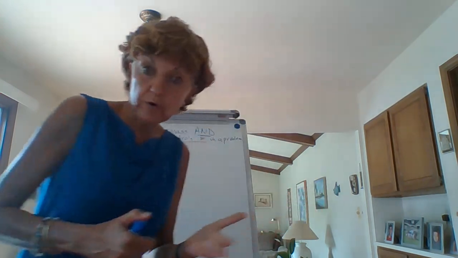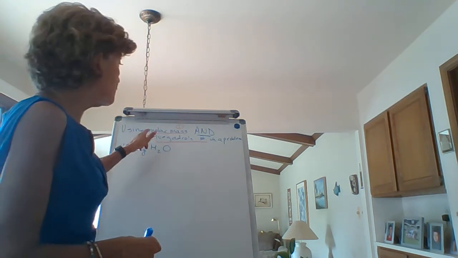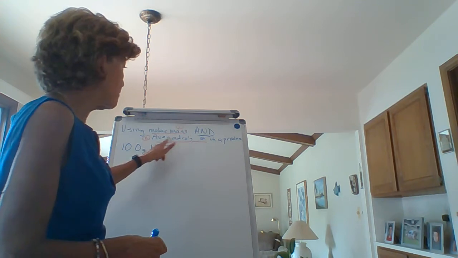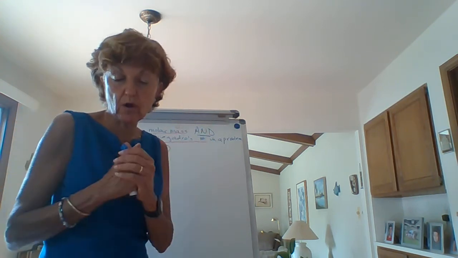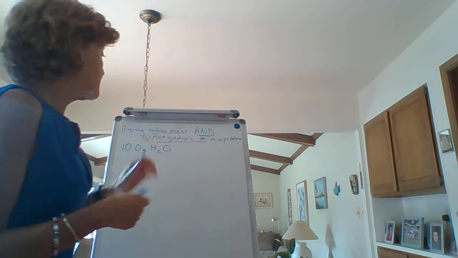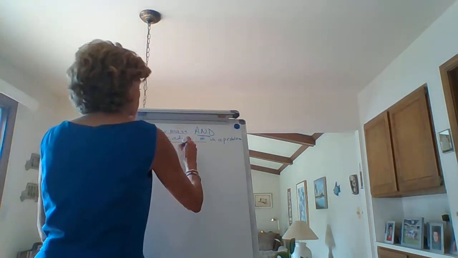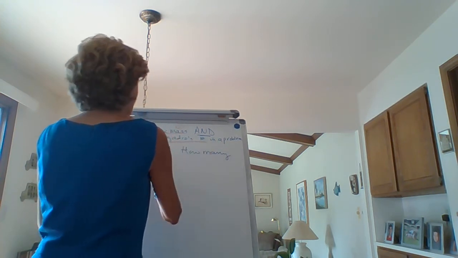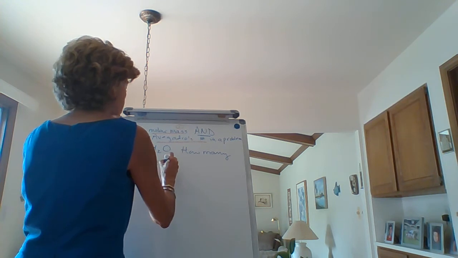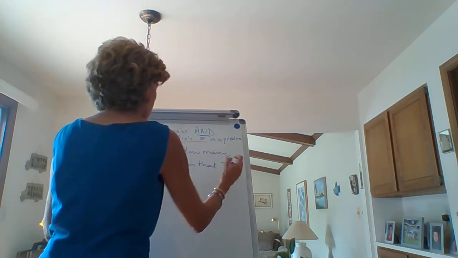So what we're going to do in this video is use two conversion factors. We're going to use molar mass as a conversion factor, and we're going to use Avogadro's number, all in one problem. Let's say I gave you 10 grams of water, and I want to know how many molecules that is.